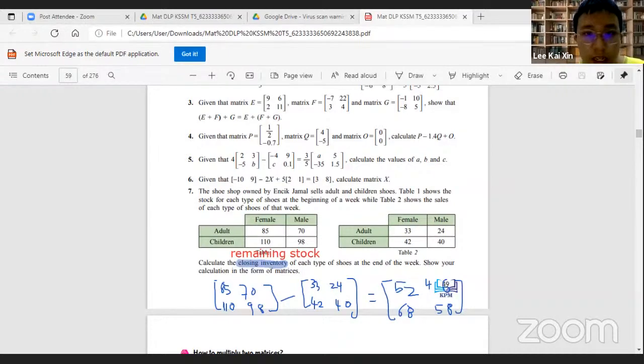Okay, just now you learned how to multiply a matrix with an integer. So the exam question might give that integer in the front part and ask you to calculate. This is how they will ask.